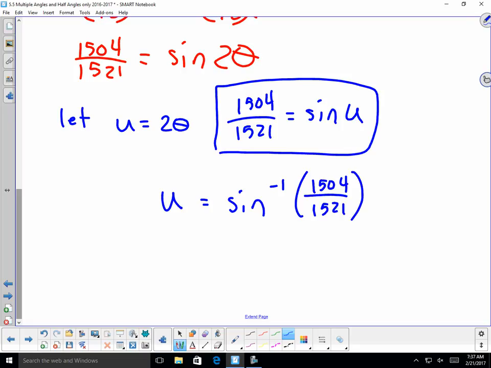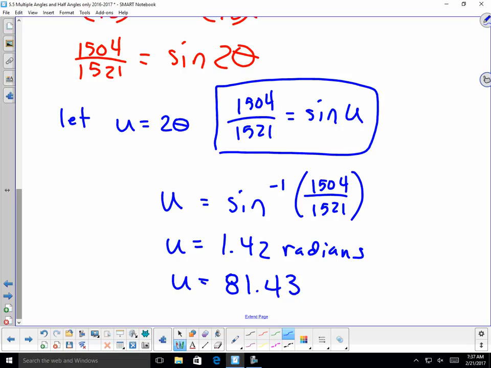You could get a decimal for that if you'd like. But when you get your angle, it turns out to be 1.42 radians. And if I convert that to degrees, I get u equals 81.43 degrees. All right, but remember, that's equal to 2 theta, because u is equal to 2 theta.